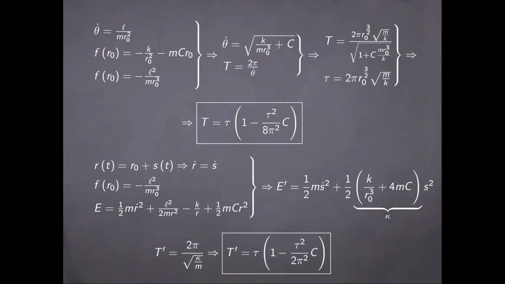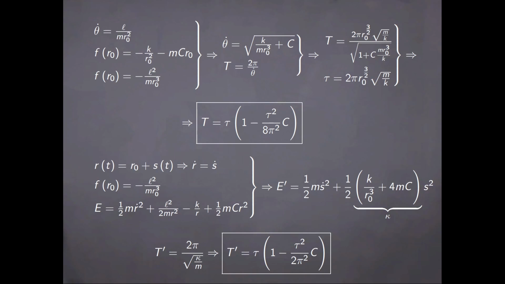which includes the kinetic term, the centrifugal term, the Kepler term, and the harmonic term. So if we, like we did previously, expand the energy up to second order in the ratio of s to r0, and then we renormalize such that the constant term is removed, we obtain this new energy E prime, which corresponds to simple harmonic motion.